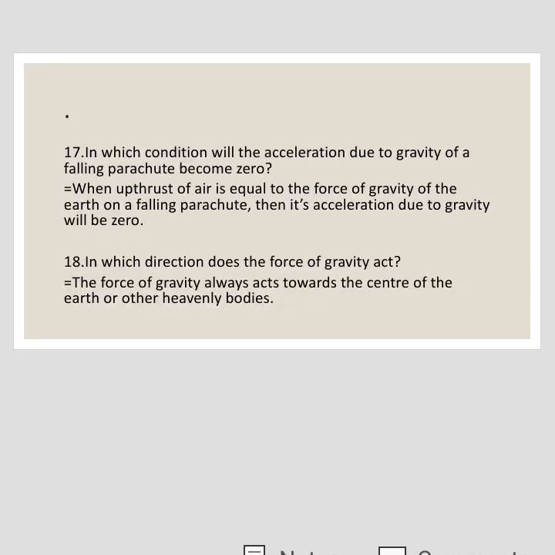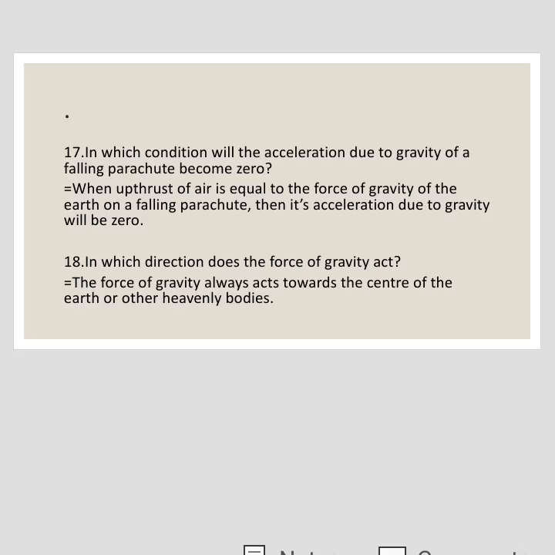Question number 17. In which condition will the acceleration due to gravity of a falling parachute become zero? When upthrust of air is equal to force of gravity of the earth on a falling parachute, then its acceleration will be zero.